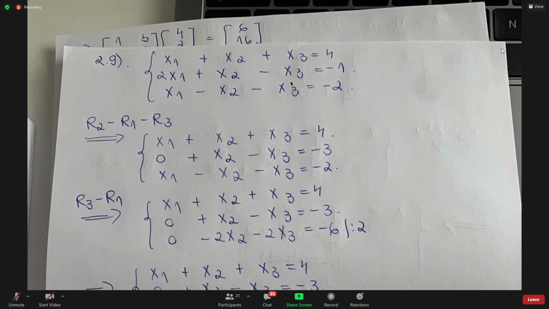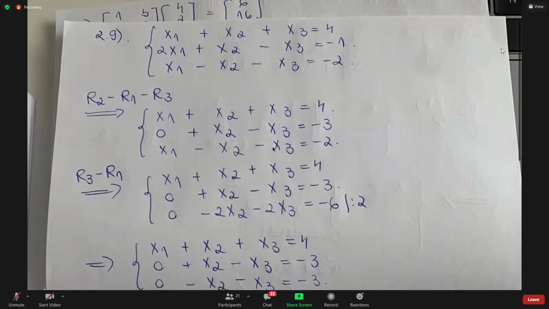Then I have minus x3 minus x3, that is negative 2 times x3, minus, that is a plus x3. I come to a total of minus x3. It is equal to -1 minus 4 plus 2 minus 3.